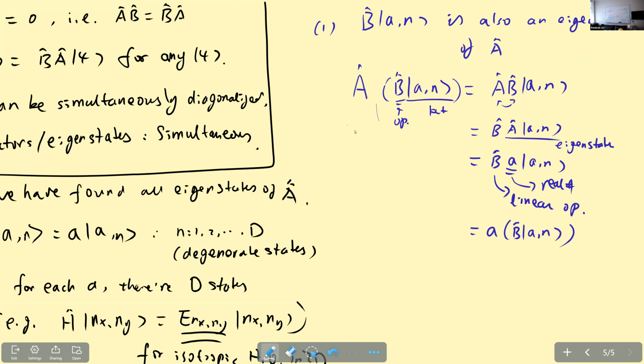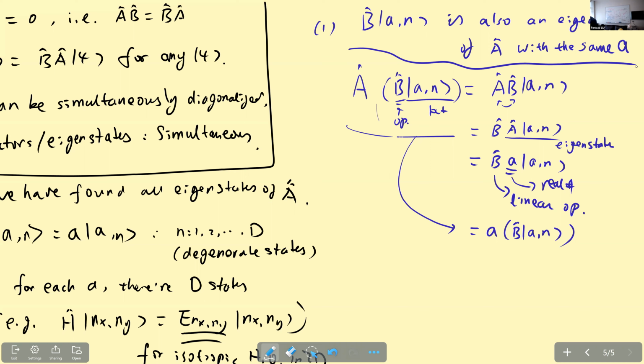Look at this one, from here to here. So it's not only an eigenstate, but also the eigenvalue is the same. So we have proved this one.